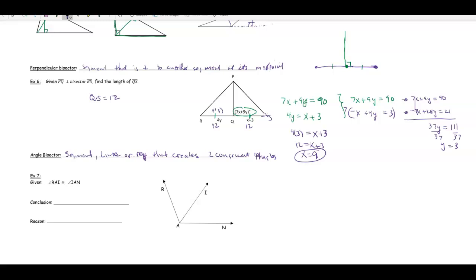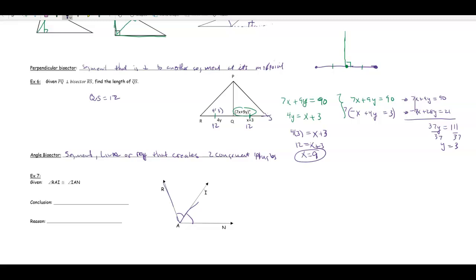So right away here, if we have an angle bisector, that means it's a segment, line, or ray that creates two congruent angles. So right now, if angle RAI, if I trace this, RAI, that's this angle here, is congruent to IAN, this angle here. What that tells me is AI bisected RAN.